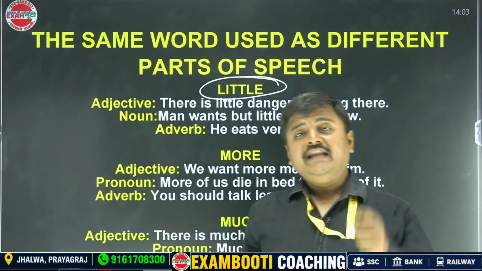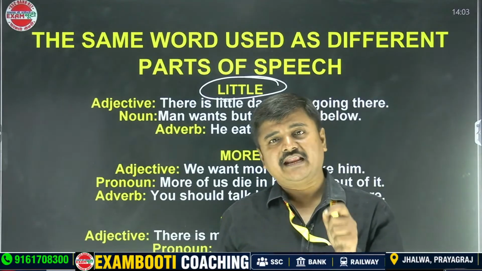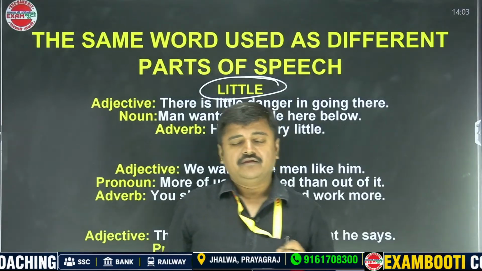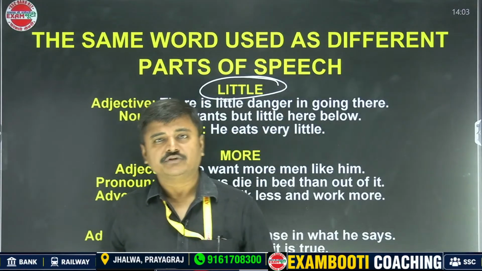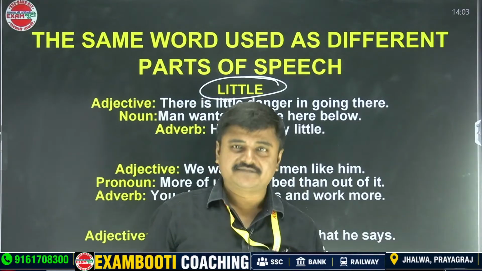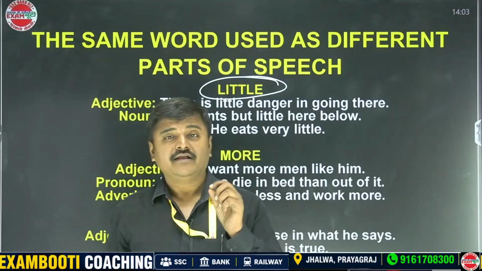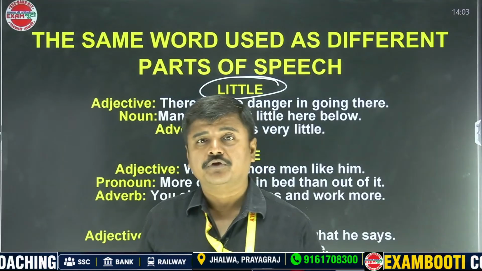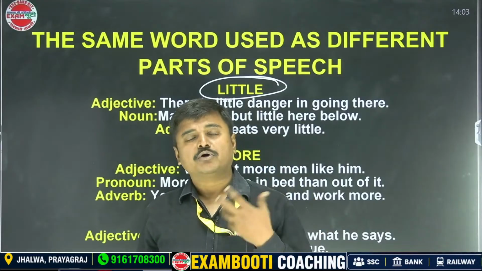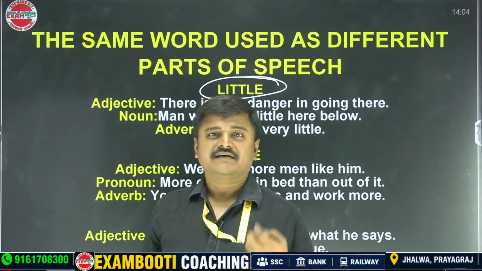And in every sentence, when little works as an adjective, let me tell you one thing more, that when you use little, it just gives you a negative sense. Yes, negative sense. When there is an indefinite article before little, like a little, this gives a positive sense. It means some.